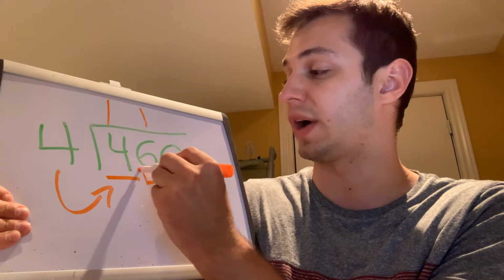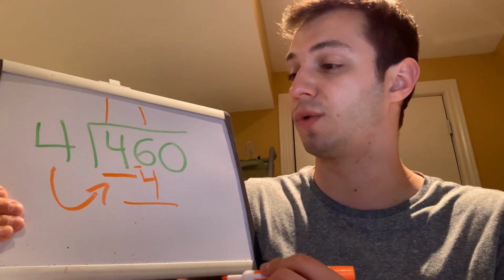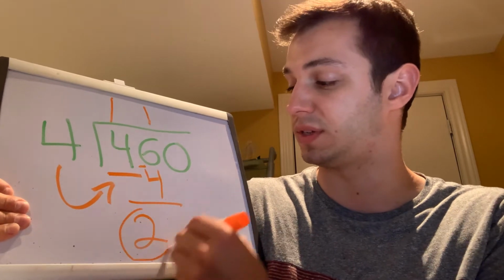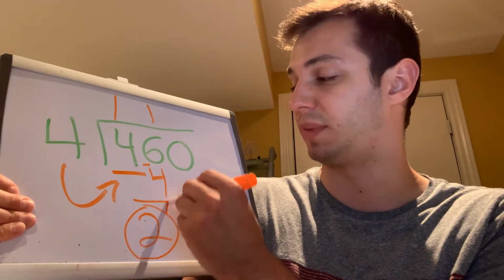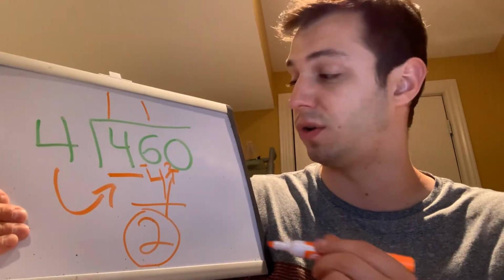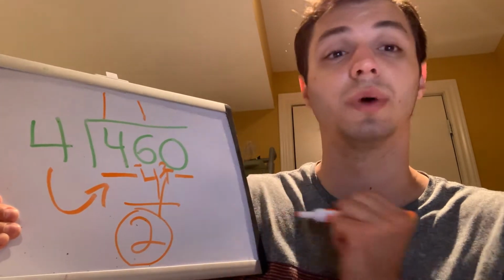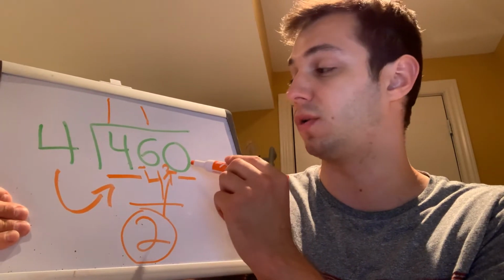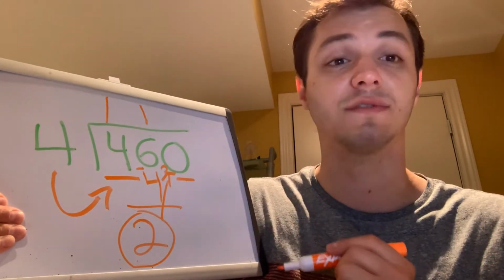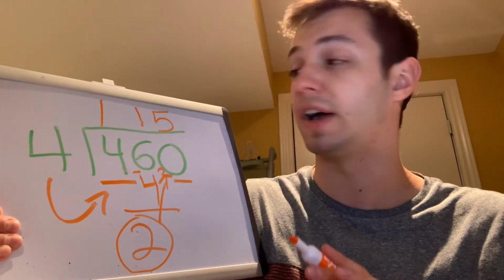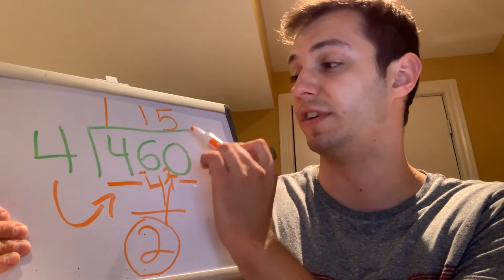If I subtract this, this will give me a remainder of 2. Then I'm going to put this 2 with my next place value, which is with the 0. So now this 0 is going to transform into a 20. 20 divided by 4 gives me 5 without any remainder left. So my answer is 115.